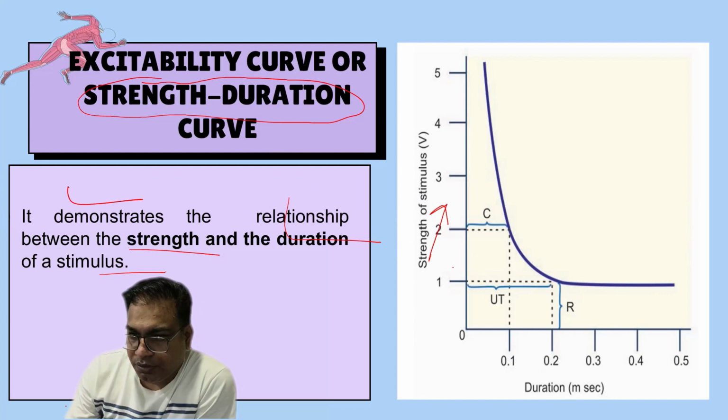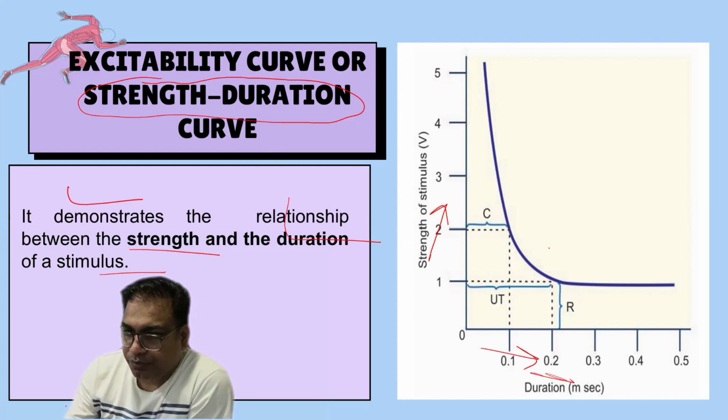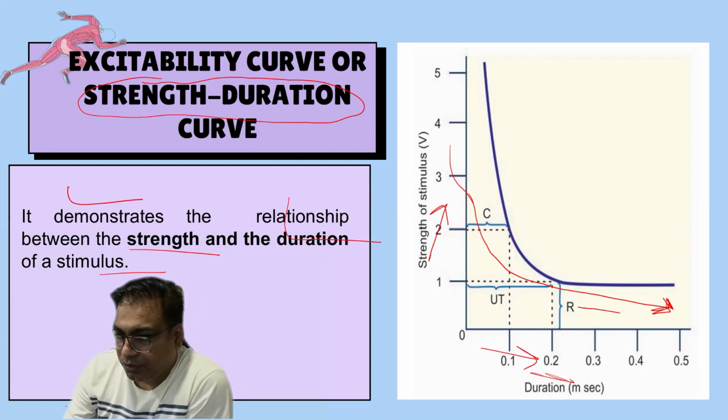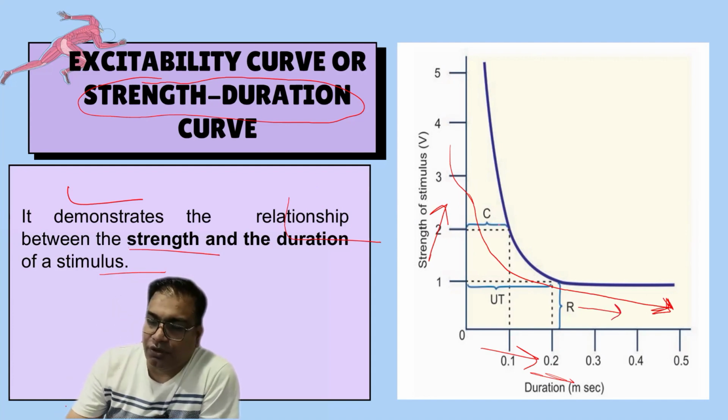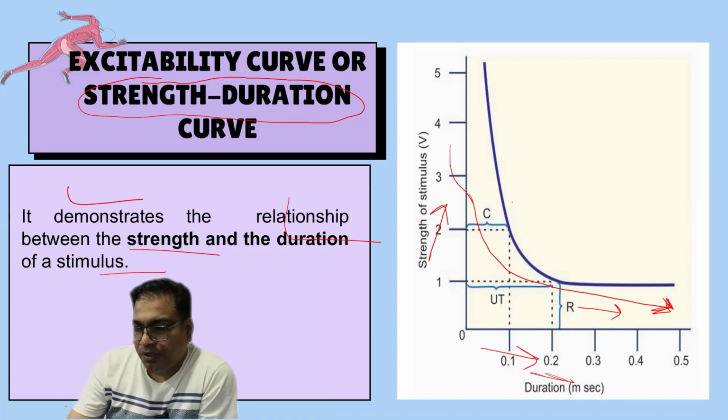This axis is showing strength and this axis is showing the duration. So they are in inverse relation. When there is an increase in duration, the strength of stimulus is decreasing.